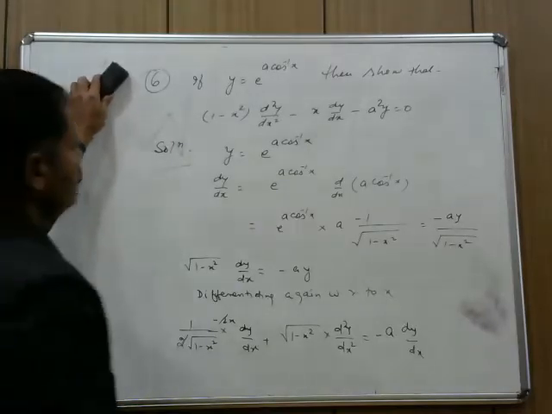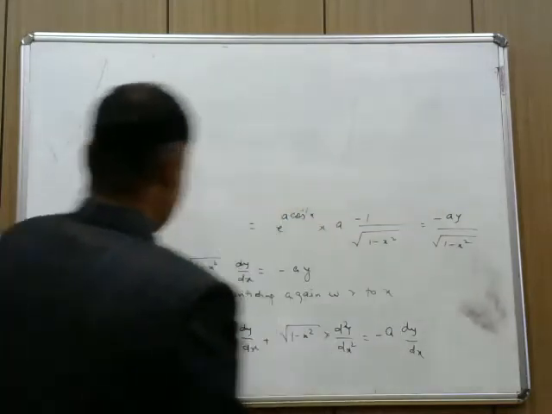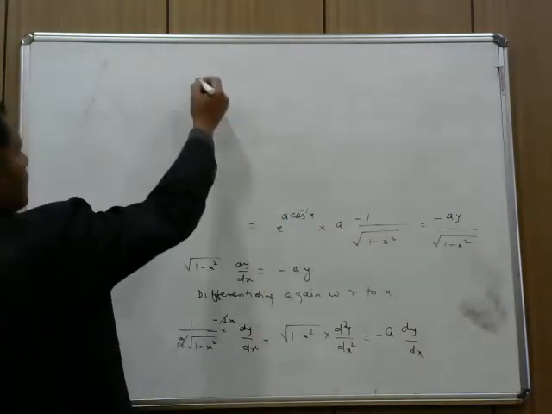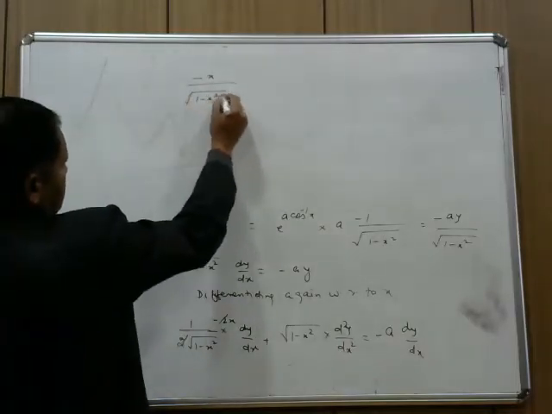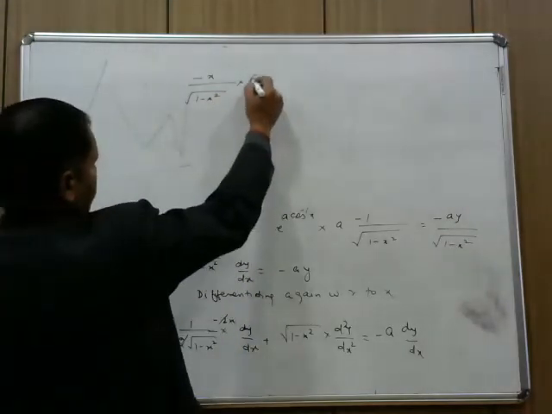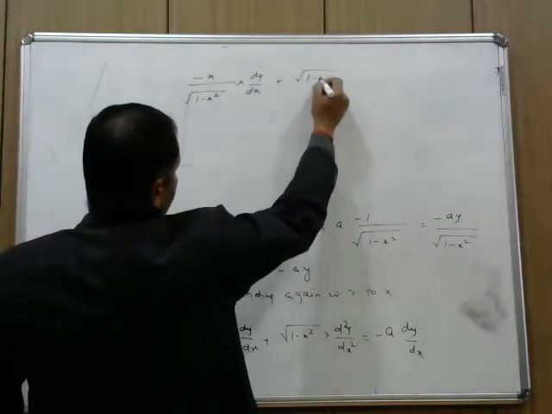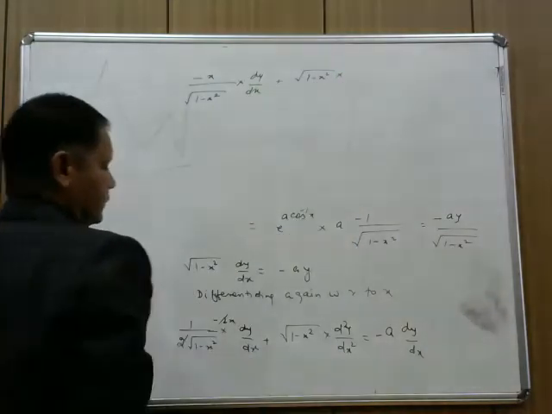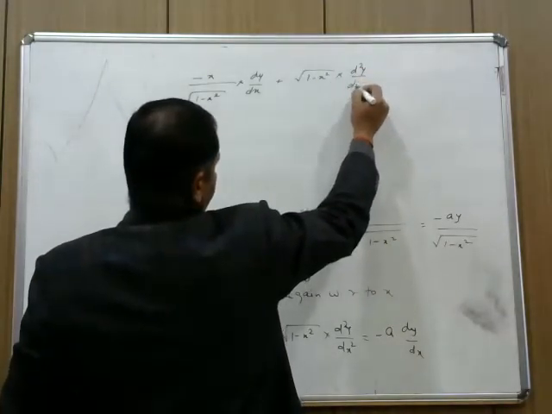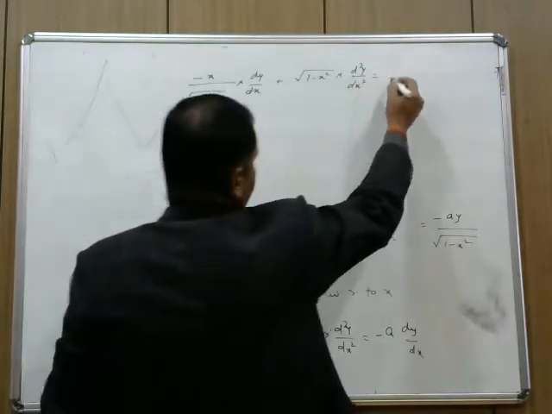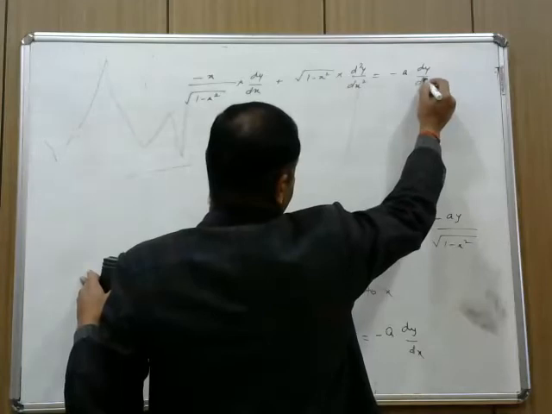See, here I am getting now minus x upon √(1−x²) into dy/dx plus √(1−x²) into d²y/dx² is equal to minus a into dy/dx.